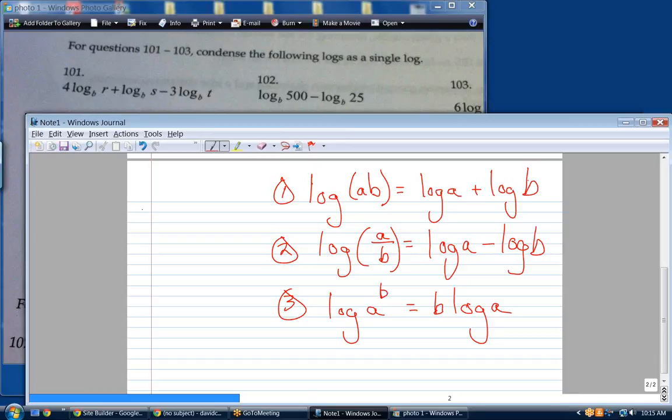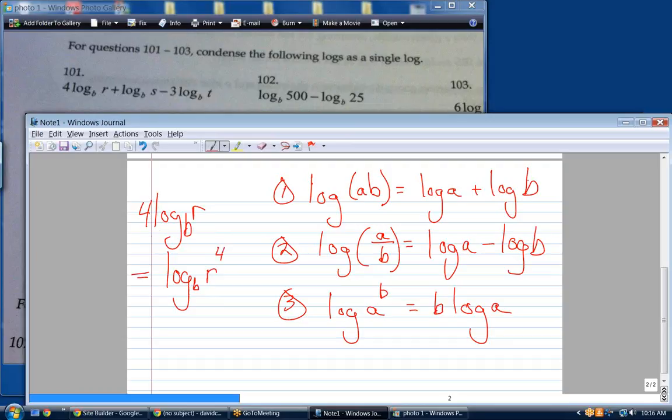Based on rule number 3, 4 times the log base b of r must equal the log base b of r to the 4th power. Excuse me. I don't want to write the b too large here. There you go.